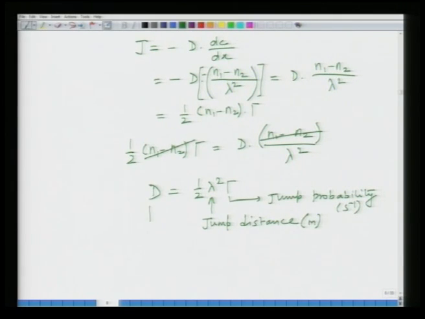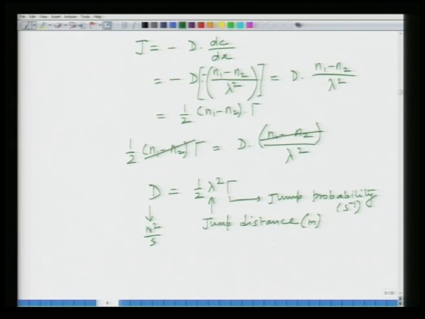So, the units of D would be meter square per second. So, just by taking a very simple one-dimensional model, we have established that D is equal to half lambda square tau.